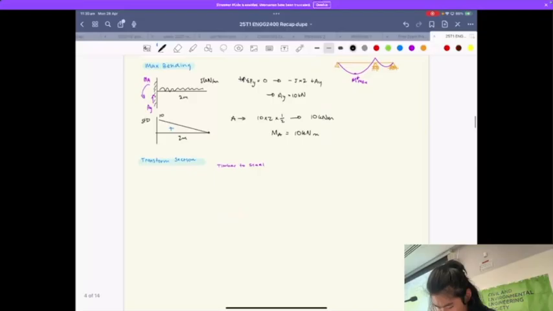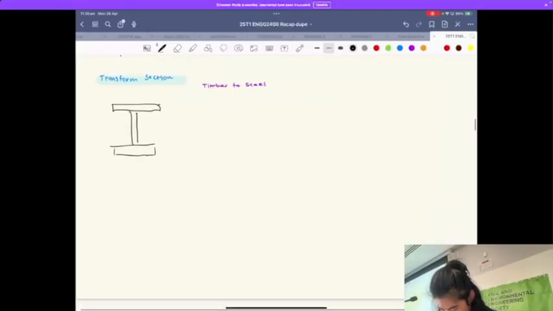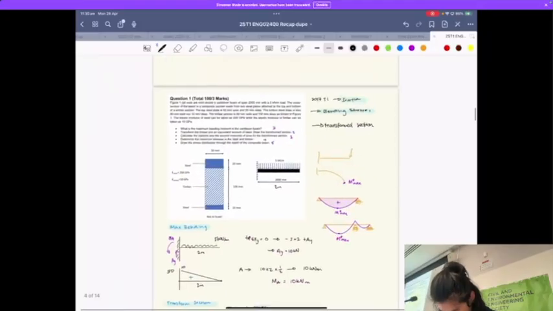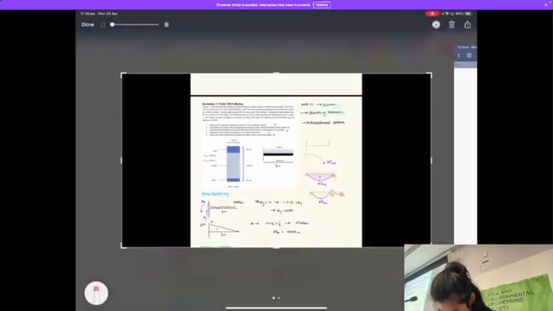If you change it from timber to steel, you'll get something that looks kind of like an I-beam, like this. And if you change it from steel to timber, you get something that looks kind of stubby like this. I'll just copy and paste this over so you guys can see.